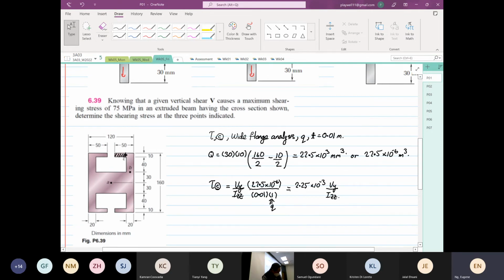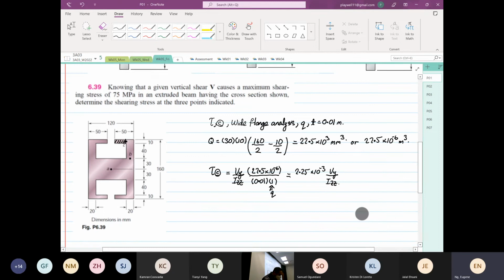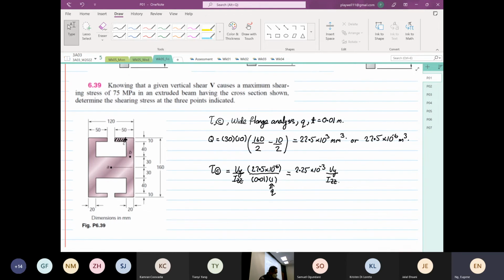Now, where we stopped on Wednesday, we found the shear stress at point C. Just to quickly recap, I'm going to draw a line. This is where our centroid is.